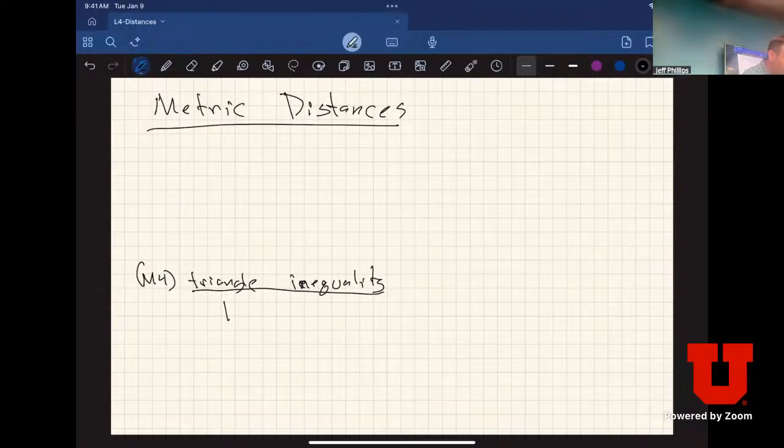It says that d(A,B) is always less than or equal to d(A,C) plus d(C,B).